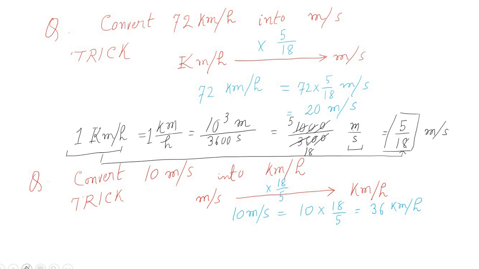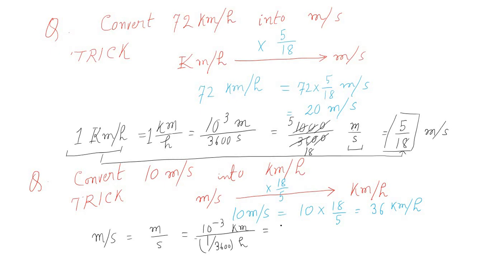If we are asked why, the answer is like this. Suppose we have meter per second; we can write meter by second. Meter means 10 to the power of minus 3 kilometer, and second means 1 by 3600 hour.